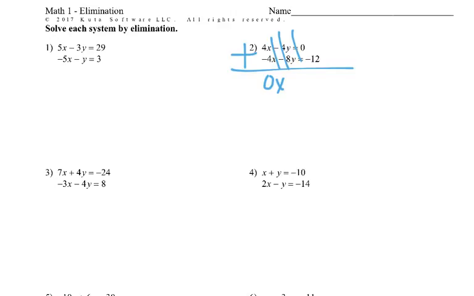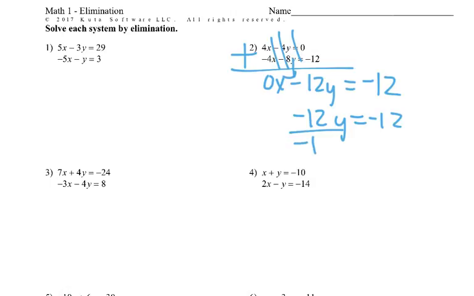Negative 4 plus a negative 8, negative 12y. 0 plus negative 12, negative 12. I pretty much eliminate that 0x, just rewrite it. Now remember, that minus sticks with the 12. So divide by negative 12, and y equals positive 1.